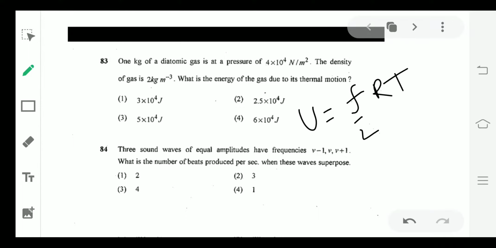This formula comes out from the equipartition theorem of gases, and here f is the degree of freedom and R is the gas constant. For diatomic gas, the degree of freedom is 5, and since the number of moles of this gas, we will take simply n as 1, the formula becomes U equals f by 2 RT.